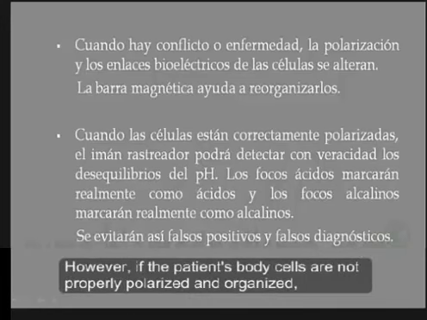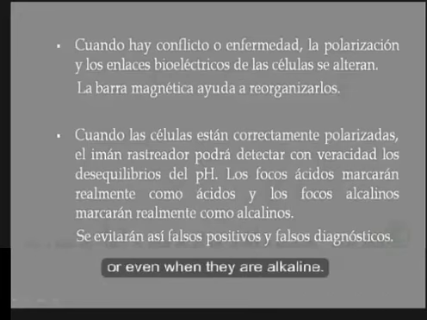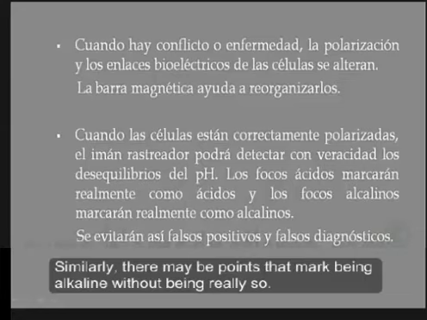However, if the patient's body cells are not properly polarized and organized, there may be points that mark being acid when in fact they are not, or even when they are alkaline. Similarly, there may be points that mark being alkaline without being really so.